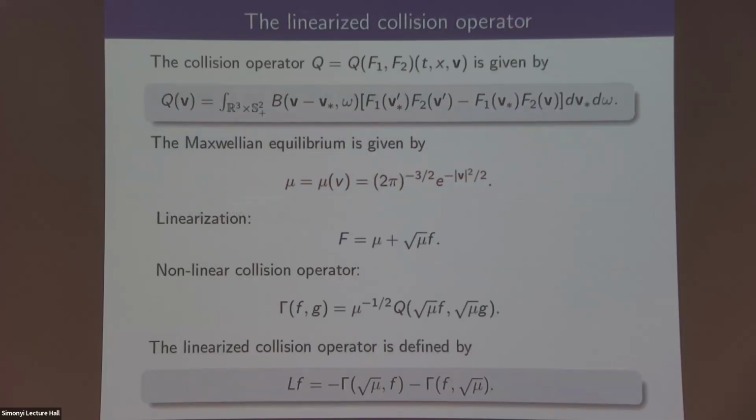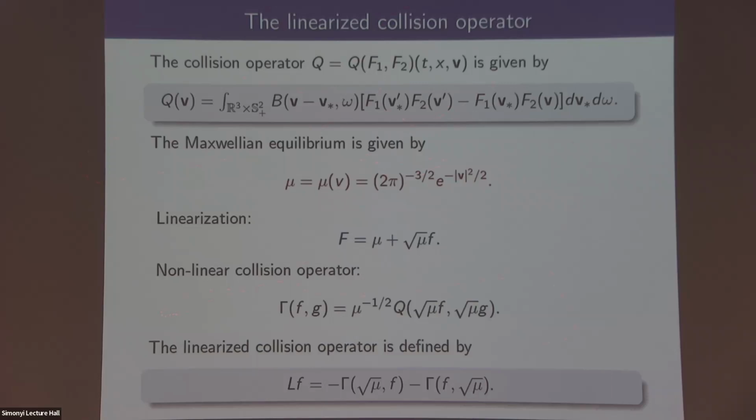Okay, so now I want to tell you a little bit about the linearized equation. The collision operator for the Boltzmann equation I told you about before is here, and the Maxwellian equilibrium is mu, e to the minus v squared over 2 times the L1 normalization. Then we linearize as f equals mu plus the square root of mu times f. You don't have to do it this way, but this is a convenient way to do it.